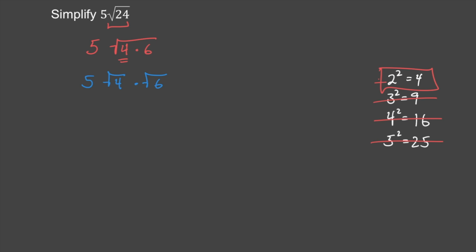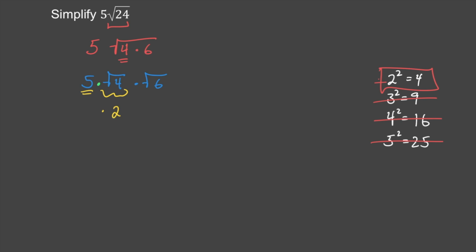Now that we have this, we'll go ahead and simplify any radicals that we can. The square root of 4 is 2. Now this 5 and the 2 are connected by multiplication because the 5 and the radical 4 were also connected by multiplication. You'll notice there's no sign there because it's implied multiplication.